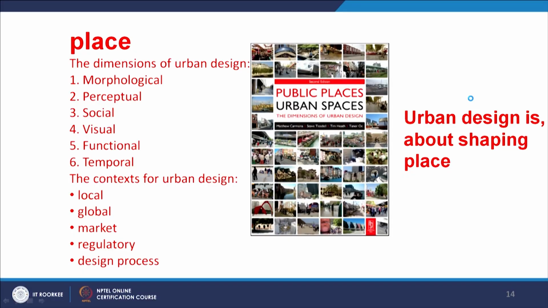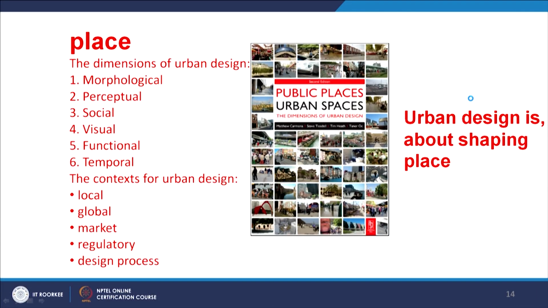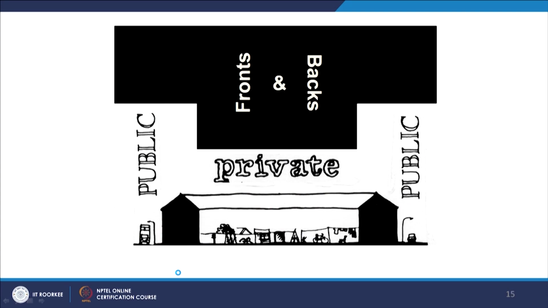And Matthew Carmona puts it all together, and he talks about different dimensions of urban design, mainly the morphological, perceptual, social, visual, functional and temporal. So in the context of urban design, he talks from the local to the global, the market and regulatory, and the design process.